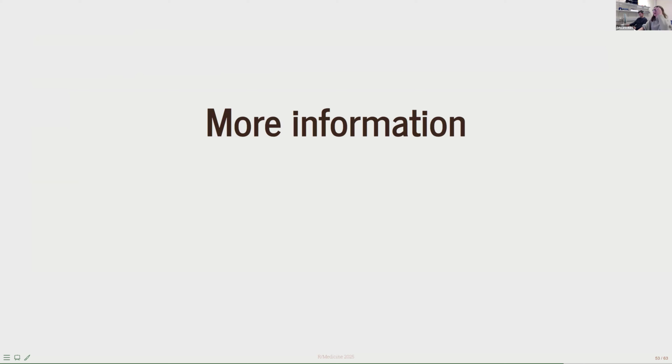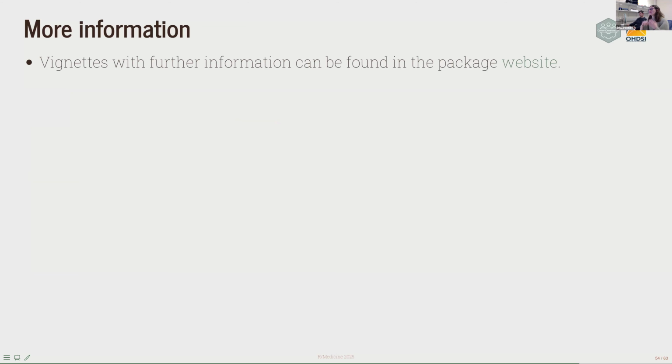So this is all for the demo, but I've briefly shown the functions we have, but couldn't provide examples for everything. But we have vignettes on the package website that have more information. So if you are interested, you can have a look. And if something is not well documented, or if you have any request or find a bug, please feel free to open any issues.